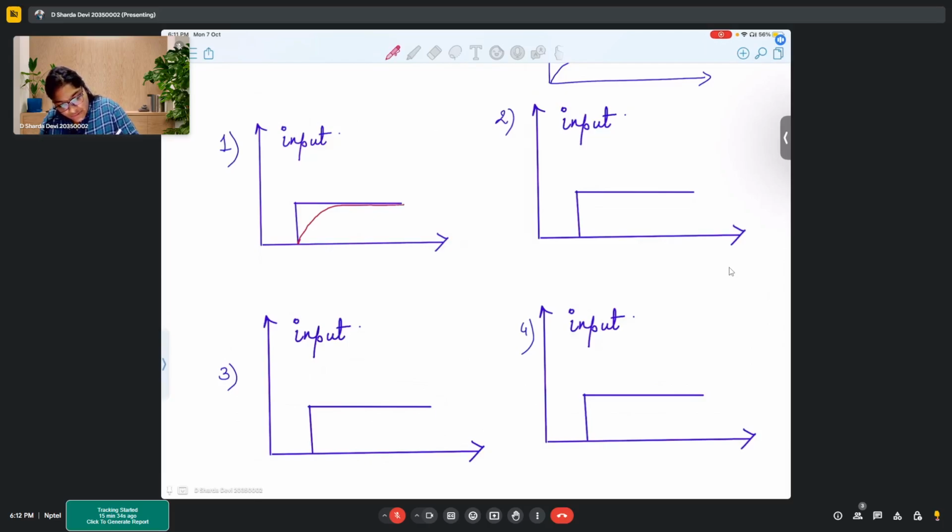almost equal to your input. Okay. So red is denoting output and blue is your input.